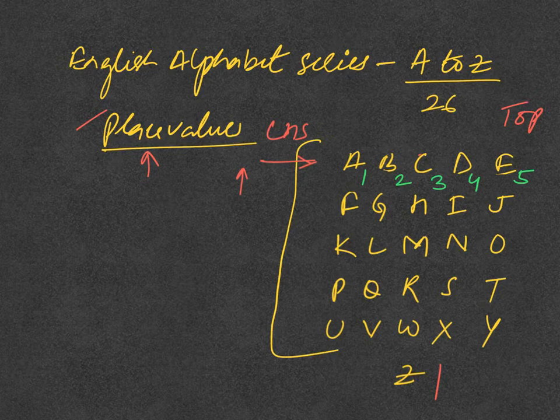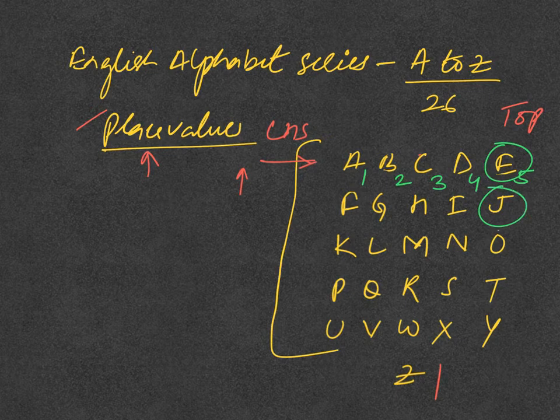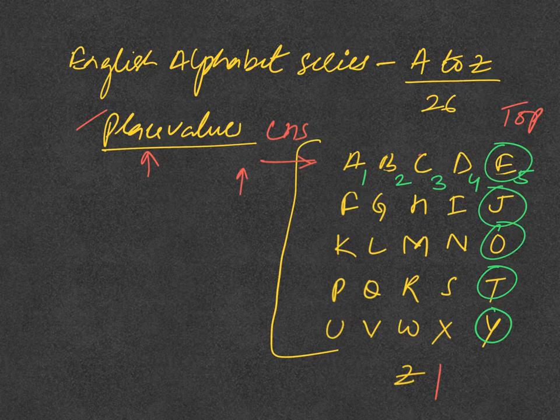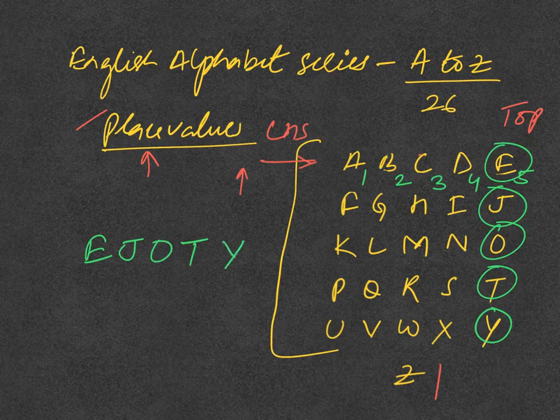All these letters E, J, O, T, Y are multiples of 5, and by combining all these letters we form a word. What is the word? E, J, O, T, Y. Now what is special about this word?